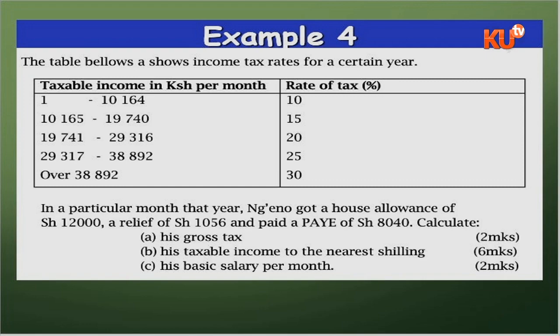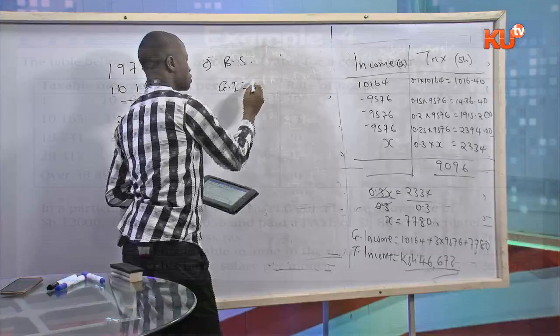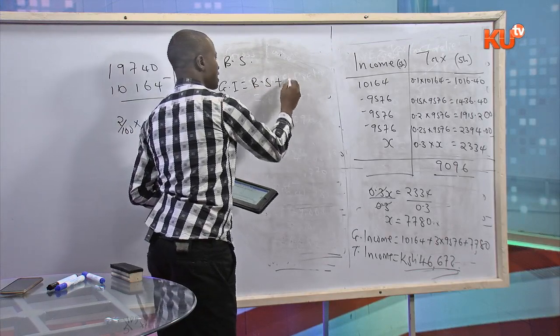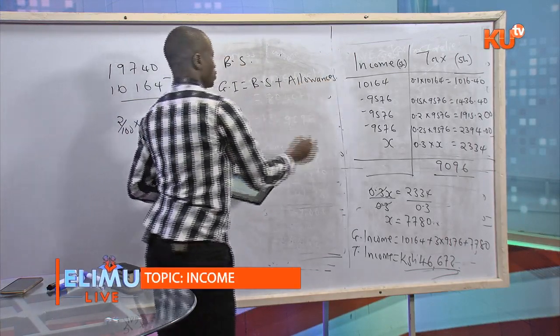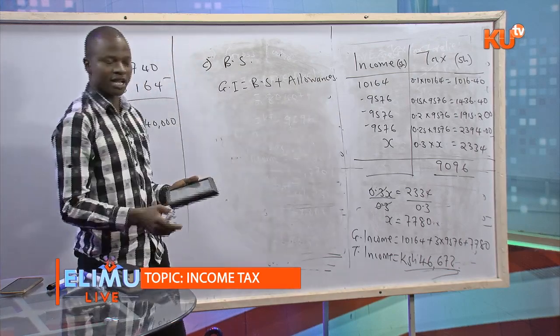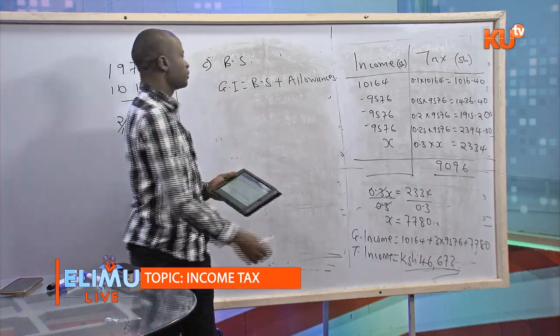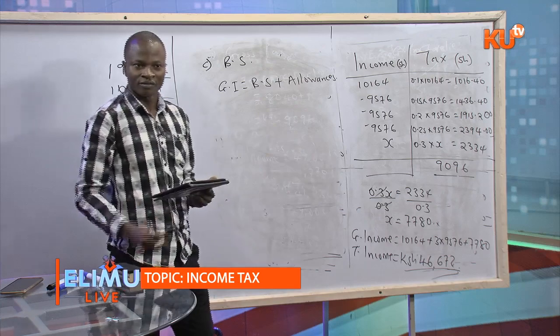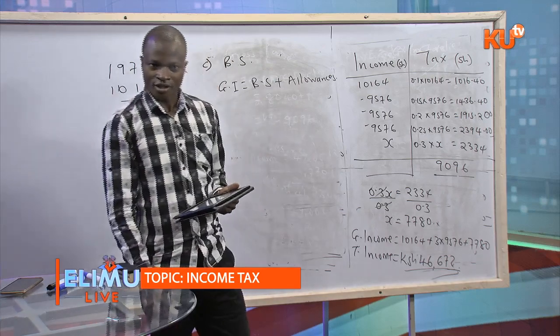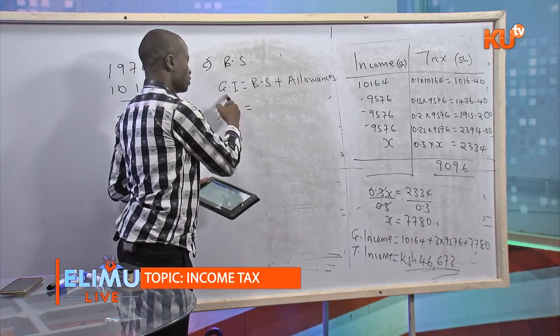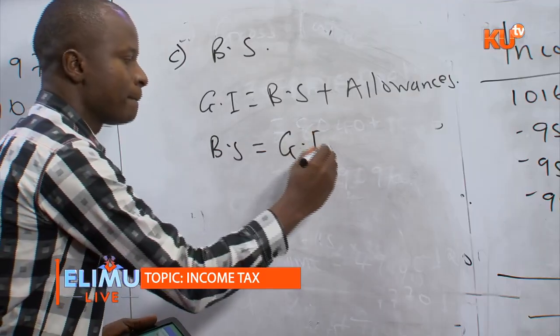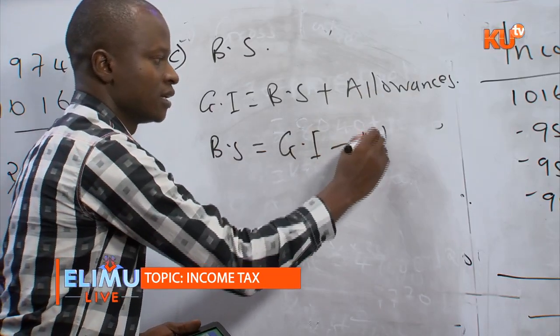So we need to remember the other equation, that gross income equals basic salary plus all allowances. So what does this tell you? How do you get basic salary from this basic equation here? Yes, we take basic salary equals the gross income minus allowances.